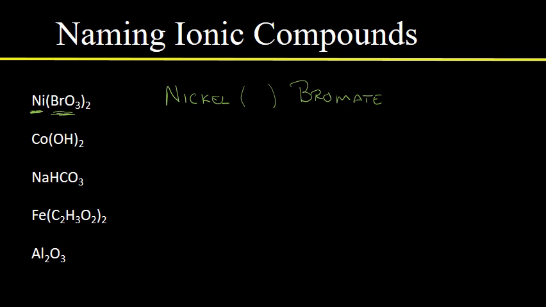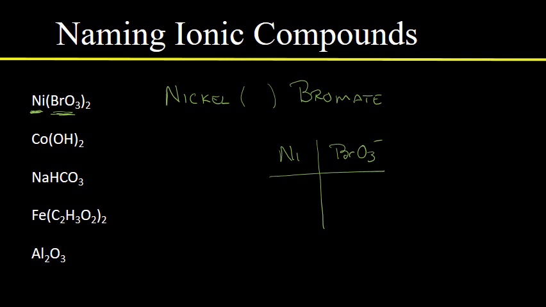So in order to figure out the charge in the cation, we need to know what the charge is on the anion. And then we do basically the same thing we did on the previous slides. We just do that same thing backward, right? Okay. So we know that the molecule has to be composed so that the positive and negative charges are equal, right?